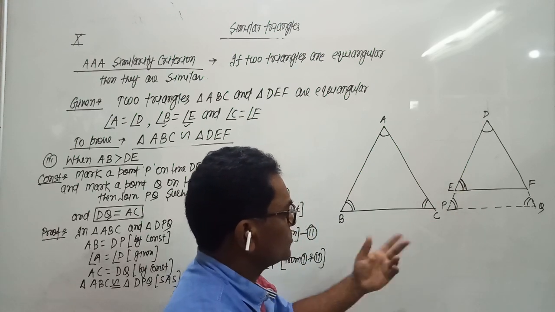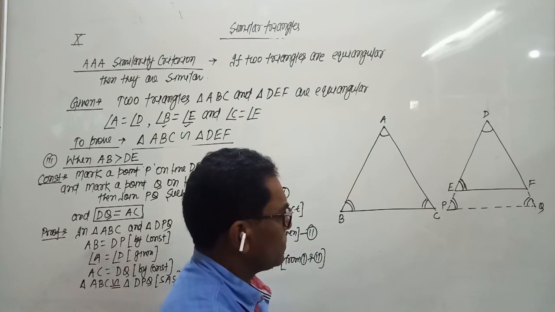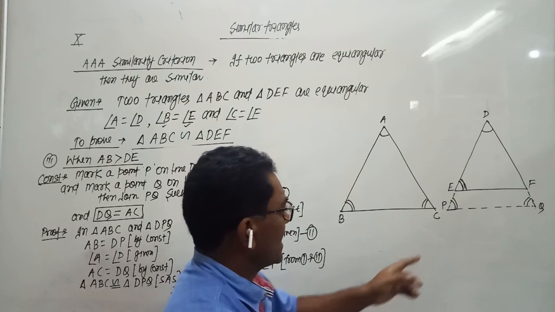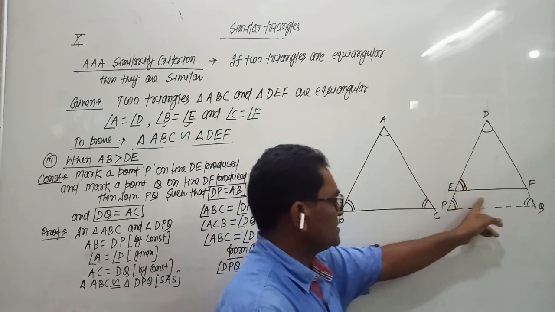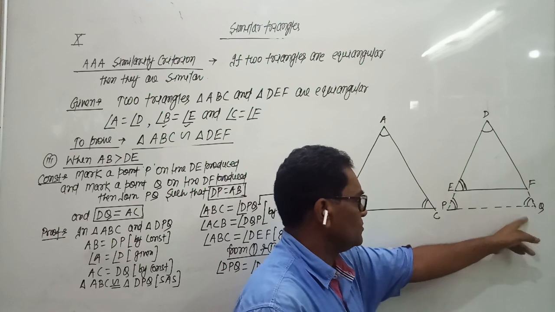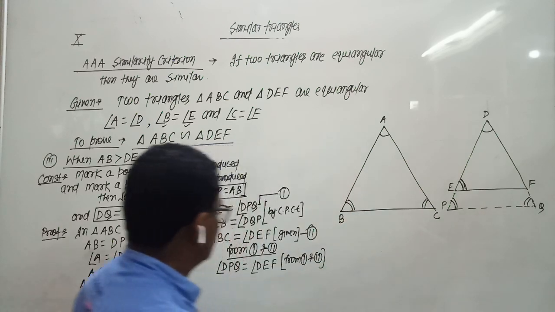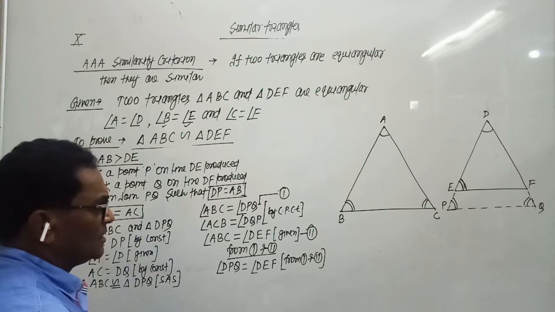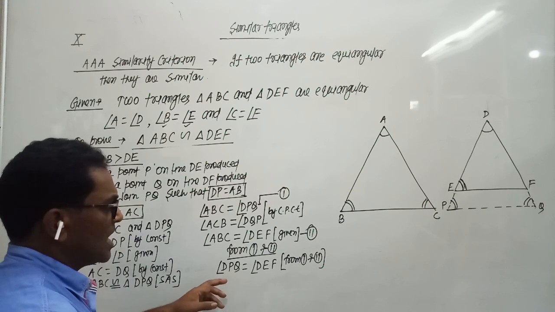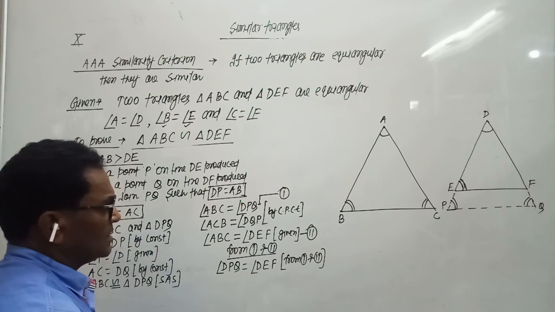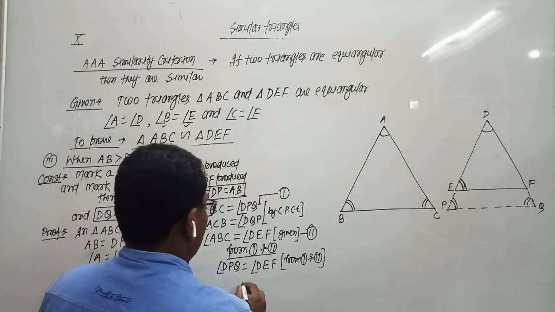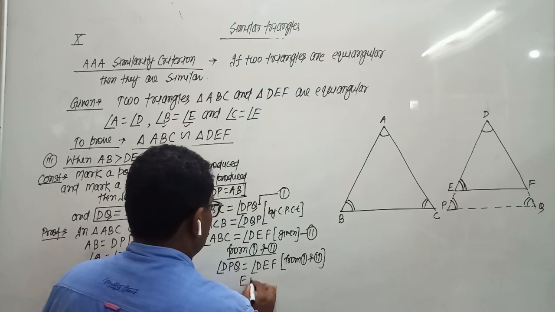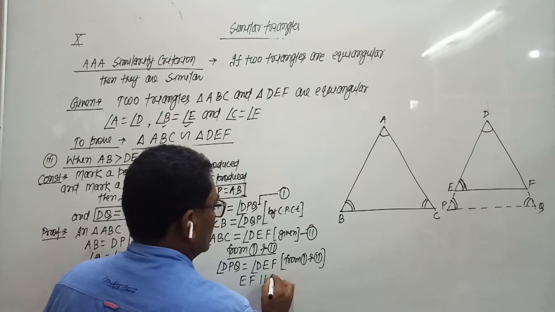And if the corresponding angles are equal, it means EF is parallel to PQ. So since these two angles are the corresponding angles, we can write that side EF is parallel to PQ.